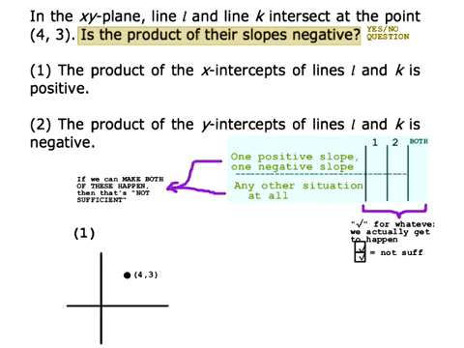So this means you have to draw a picture so that both lines hit the x-axis in the positive area, like on the right, or both lines hit the left part of the x-axis.